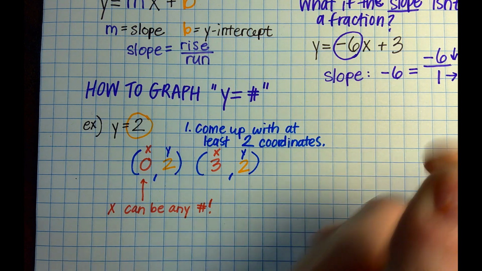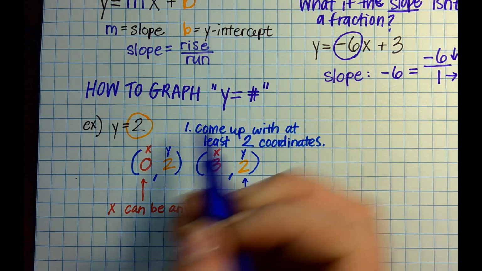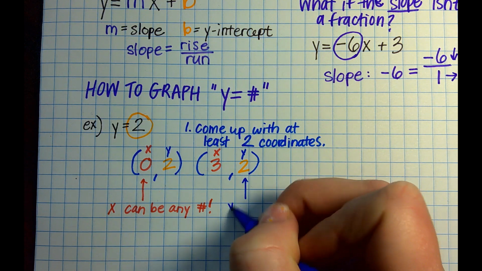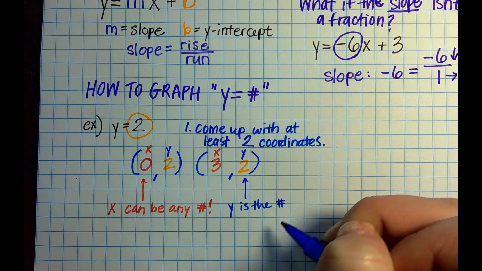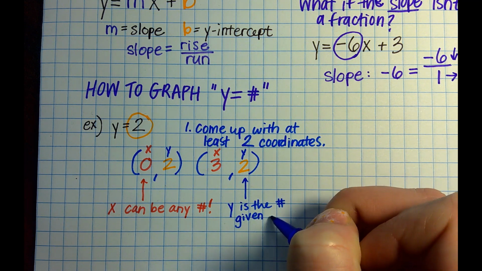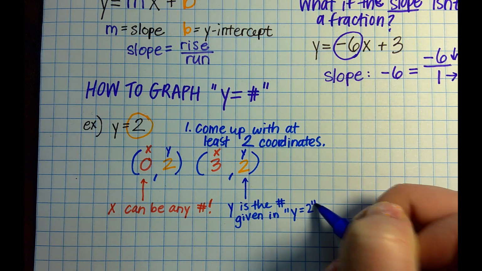And then I'm going to write that y is given to you in the equation, y equals 2. So y is the number given in y equals 2.